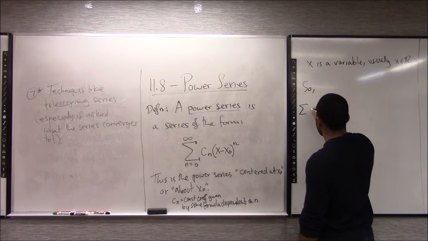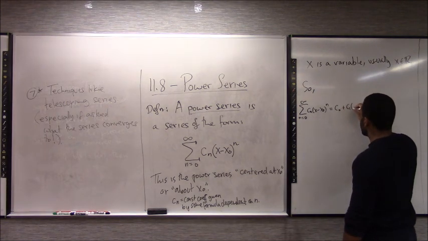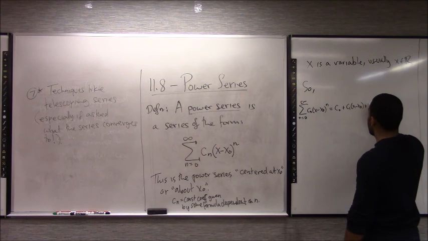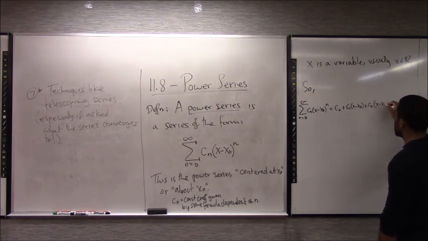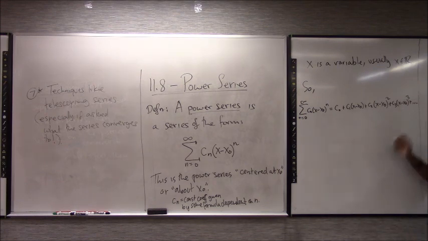This guy, the sum of Cn times (x minus x naught) to the n, n goes from 0 to infinity, would look like this: C naught plus C1 times (x minus x naught) plus C2 times (x minus x naught) squared plus C3 times (x minus x naught) cubed plus dot dot dot.